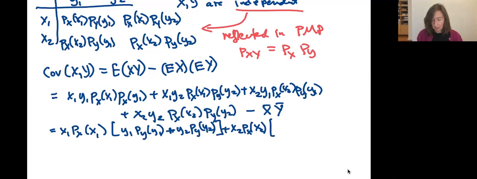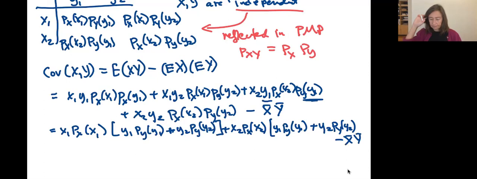And when I factor that out, look, I've got y1 pY(y1) here, plus y2 pY(y2). And still subtracting off the x bar, y bar. And close my parenthesis here.